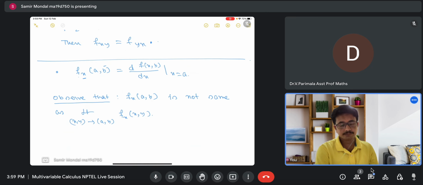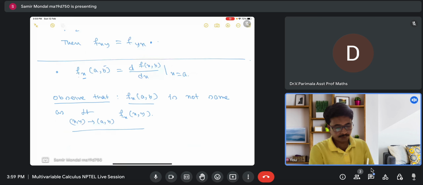So this quantity and this quantity look the same, but truly speaking they are not the same. I am giving one example.